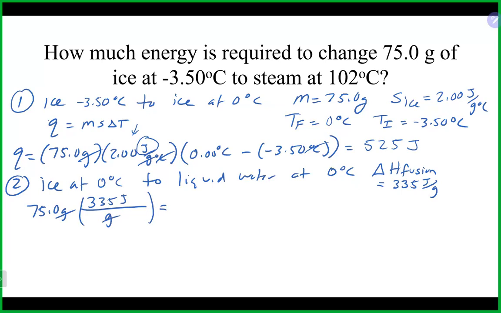So 75 times 335 tells us it's going to require about 25,125 joules of energy just to do the phase change, just to take that much ice at 0 degrees to liquid water at 0 degrees. So you basically have to put in that much energy to melt it into liquid water at 0 degrees. Any questions on that so far?